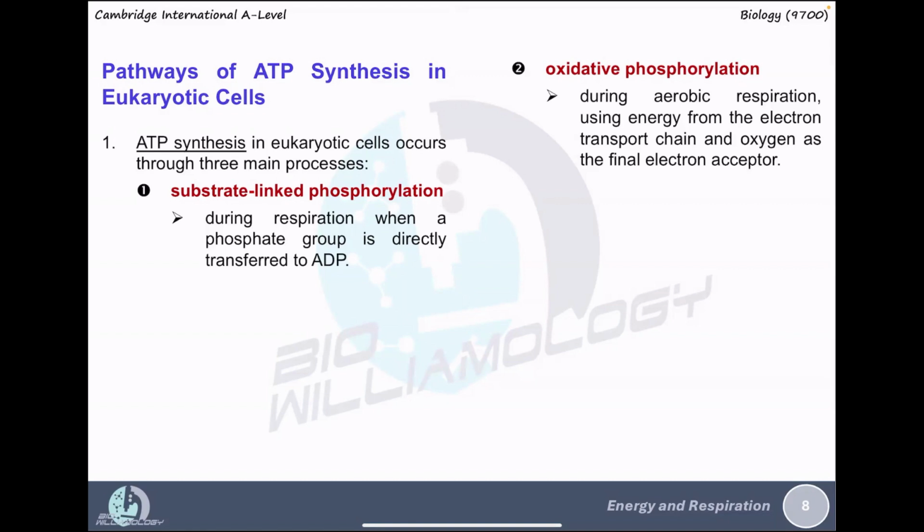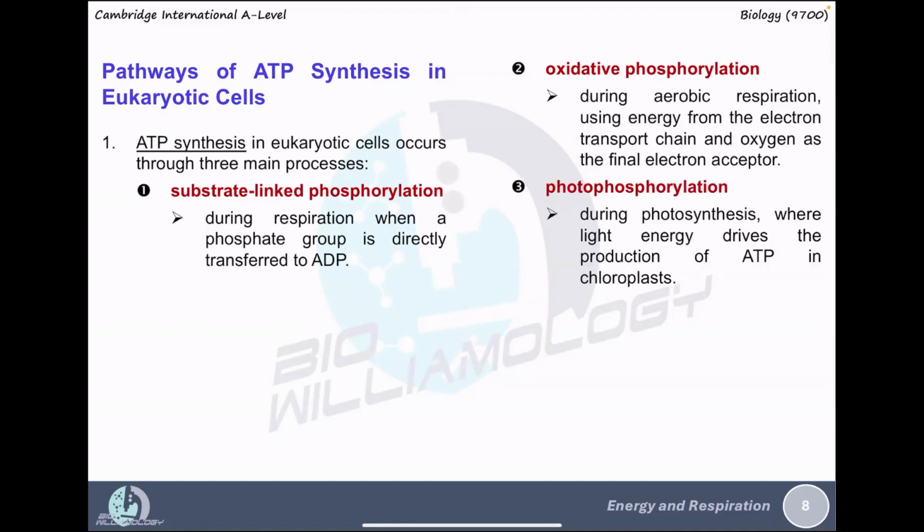Therefore, in anaerobic respiration, oxidative phosphorylation won't occur. The third way is through photophosphorylation during photosynthesis, where the light energy drives the production of ATP in chloroplasts. Photophosphorylation will not be discussed in this topic, but will be explored in photosynthesis.